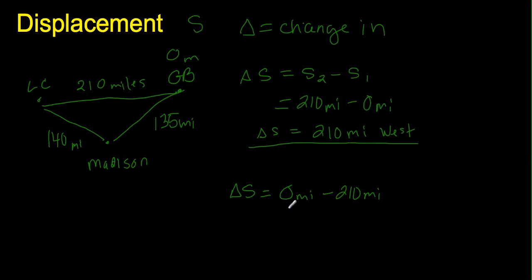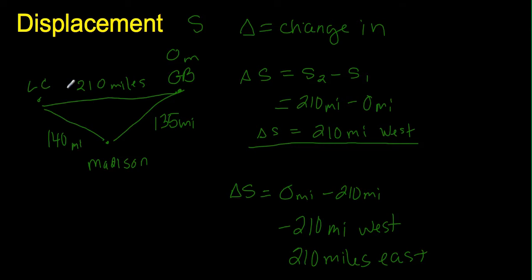When I do this, I end up with negative 210 miles west. If we look at that as our original way of moving, we started here and moved in the opposite direction. An easier way of saying that would probably be 210 miles east. But then we have to reestablish our 0 again.